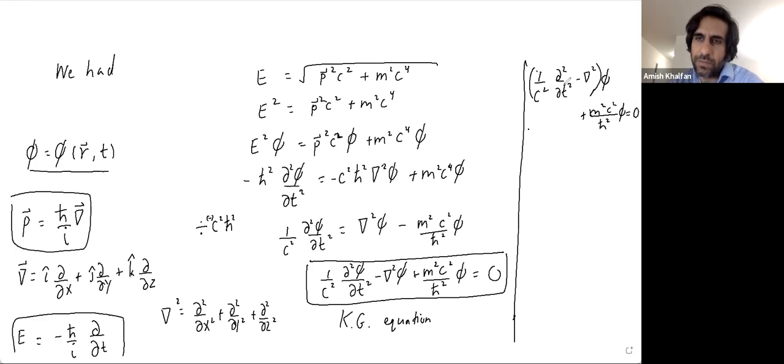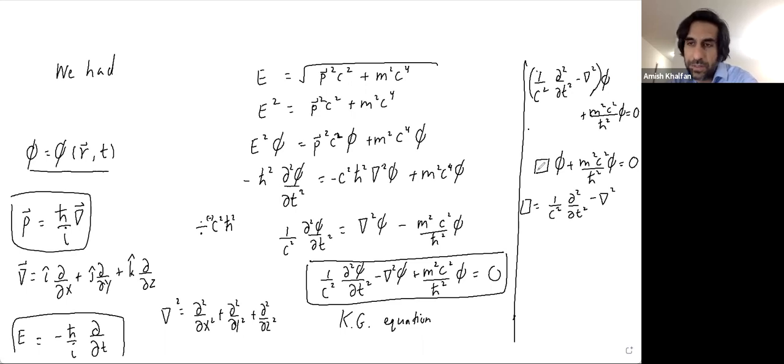So then what we have in parentheses, the first term we can write as box acting on phi, plus m squared c squared over h bar squared phi is 0, where box is 1 over c squared d2 dt squared minus del squared. It's a linear operator.